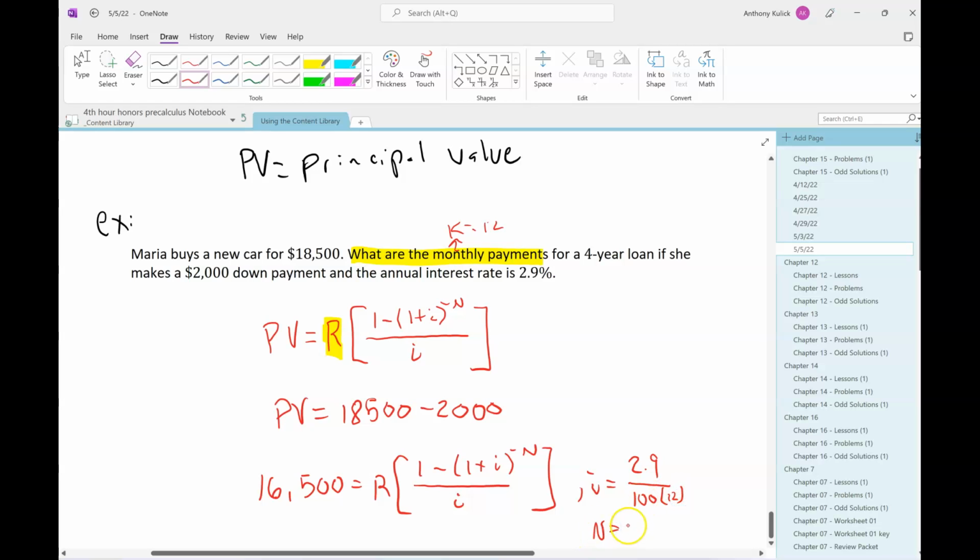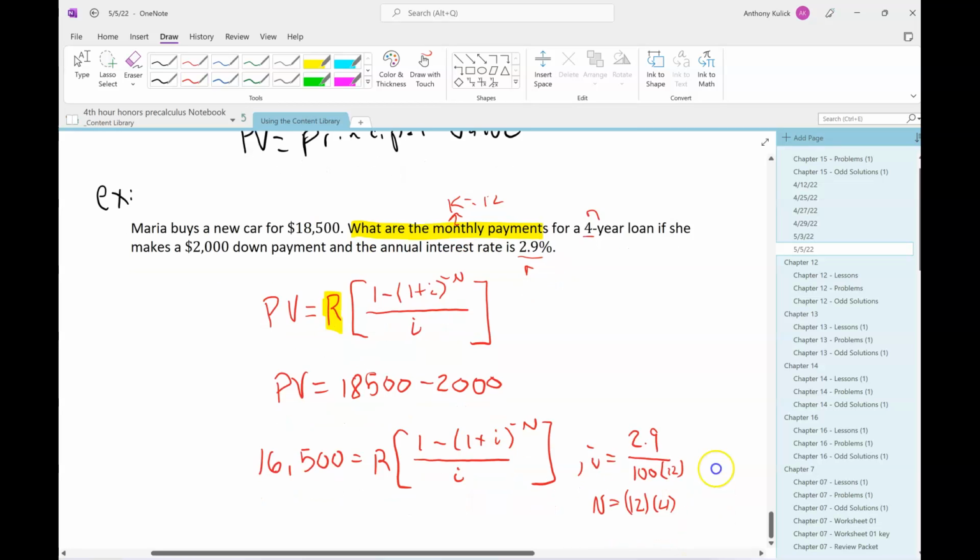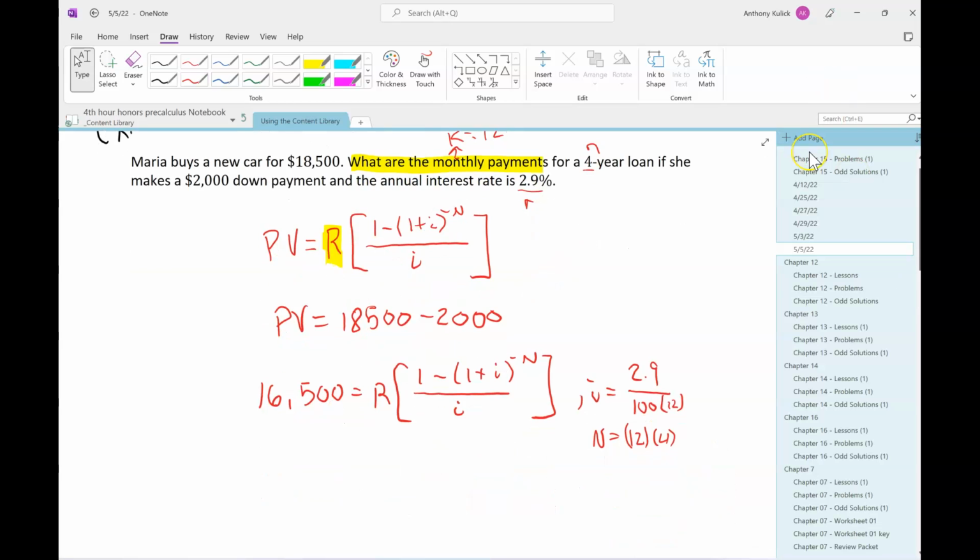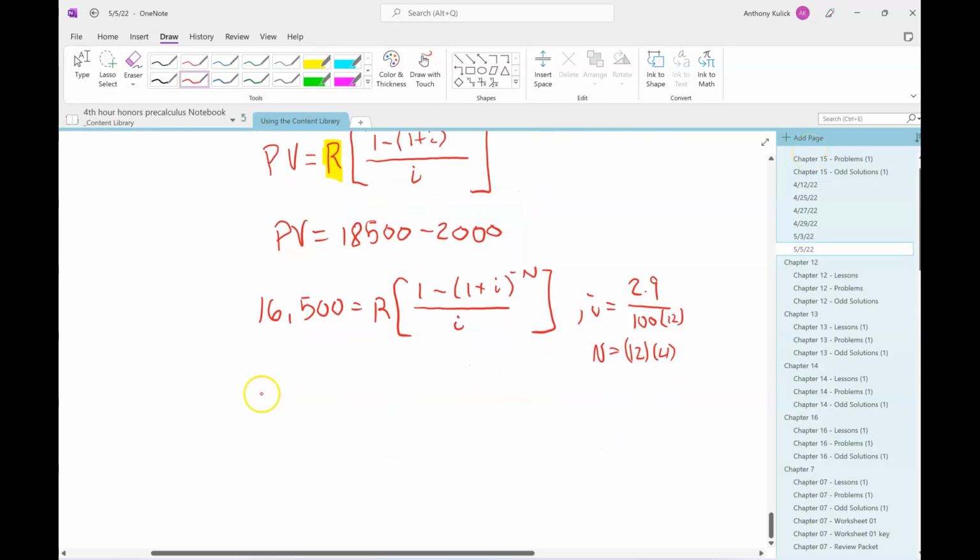And then what's my little n? 4. Okay. So then I'm just going to divide both sides by all of this stuff. And that's going to give me my value for R.